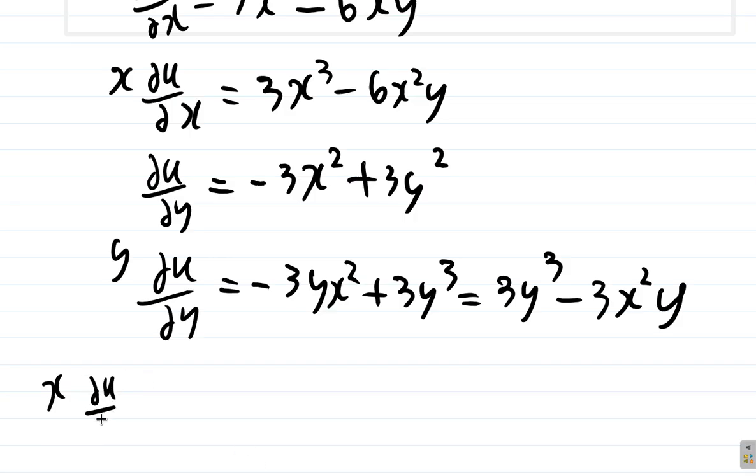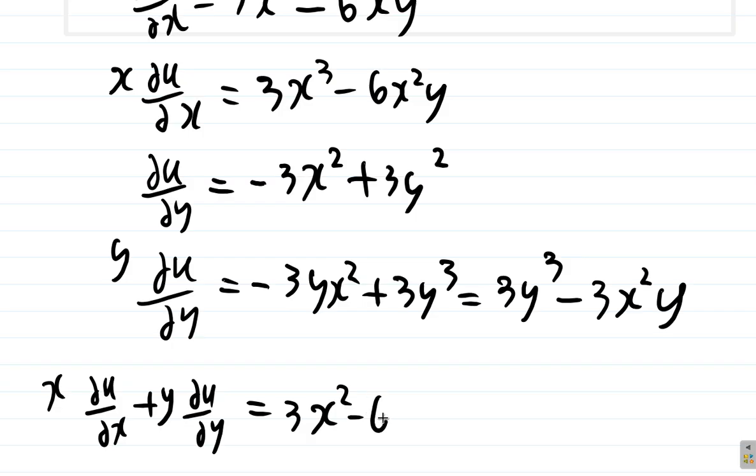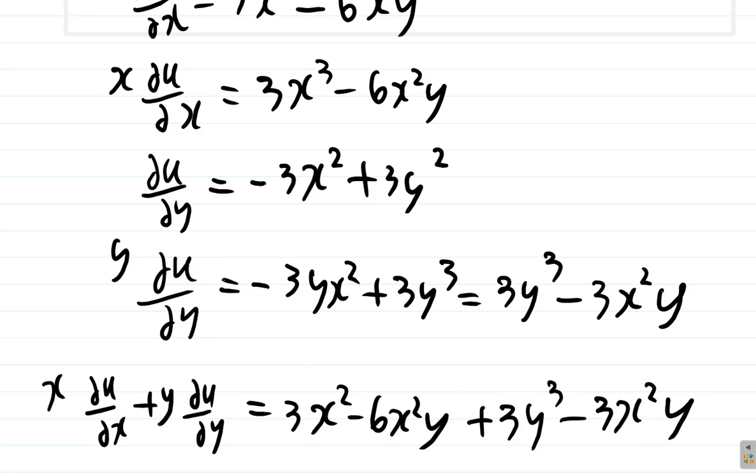X delta u by delta x plus y delta u by delta y is equal to, what is it equal to? Well, this is 3x cubed minus 6x squared y, plus 3y cubed minus 3x squared y.